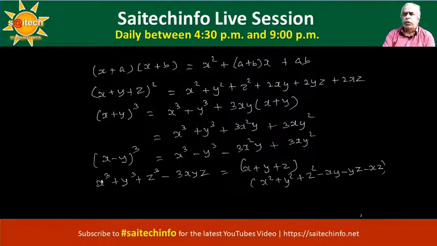Then x cube plus y cube plus z cube minus 3xyz is given by (x plus y plus z) into (x squared plus y squared plus z squared minus xy minus yz minus xz). You have to introduce these three terms compulsorily, minus xy, minus yz, minus xz. You have to put the terms alternately.